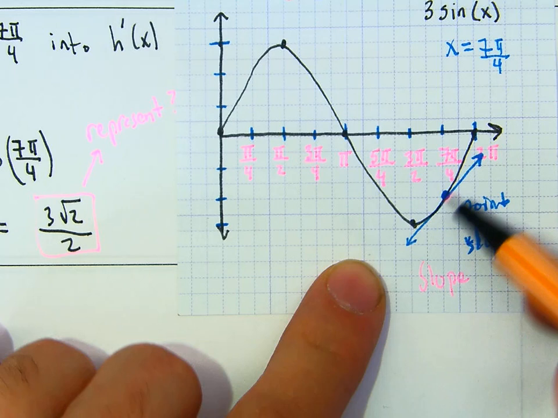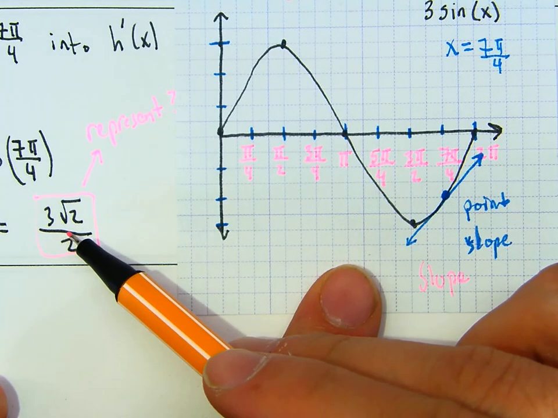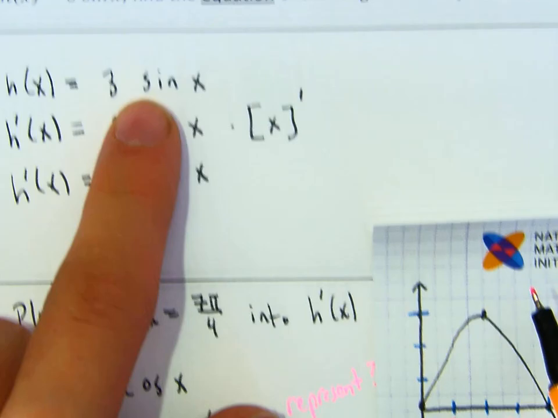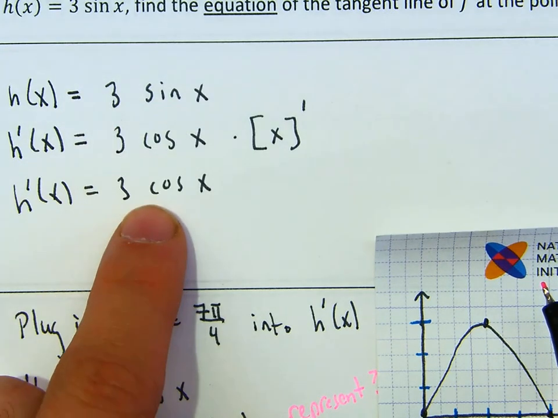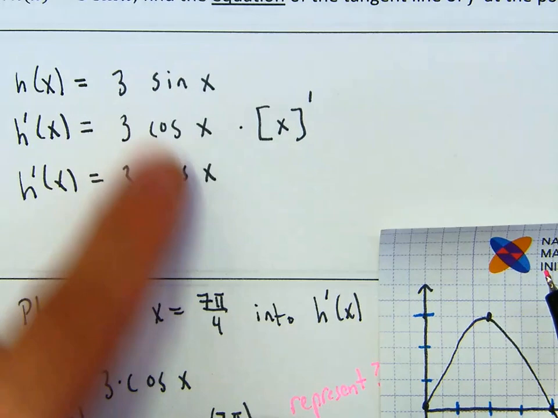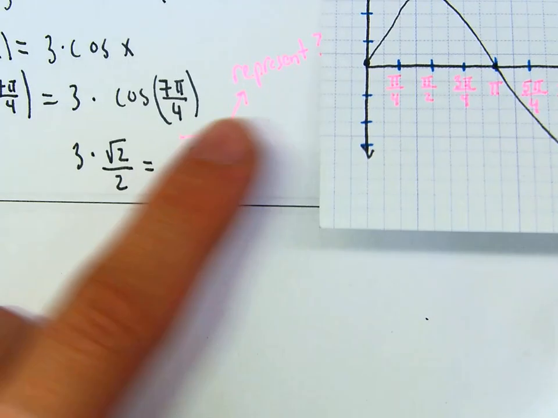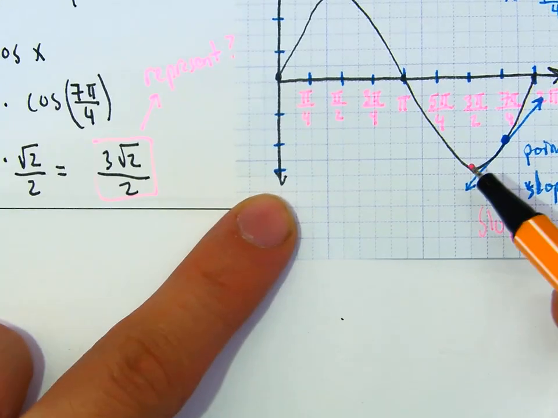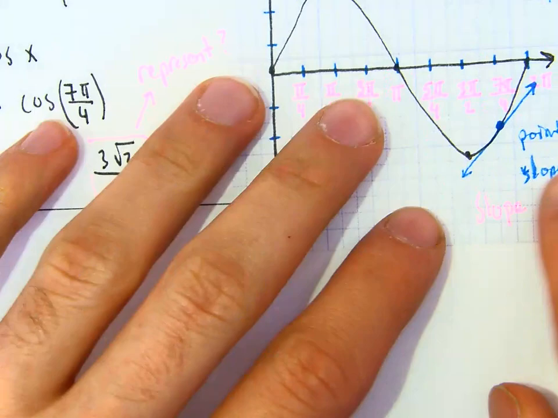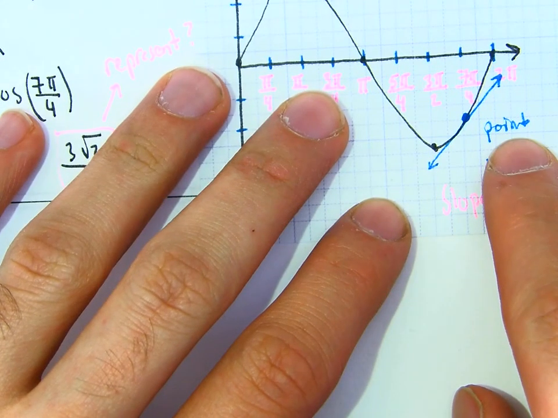The slope of this line is 3 radical 2 over 2 because we took the original function, found the derivative, and plugged in the x value for the derivative of that function, and the derivative calculates the slope. So we found the slope. Now we need to find the point.